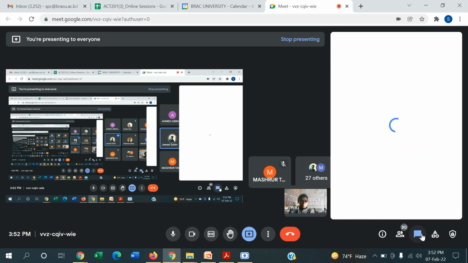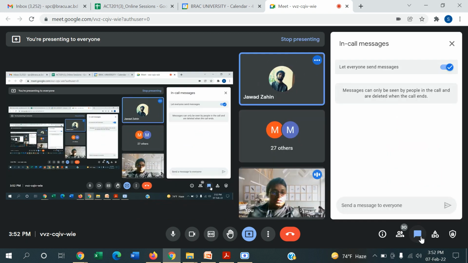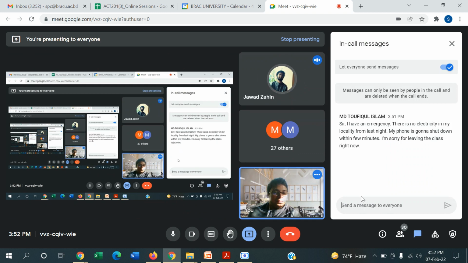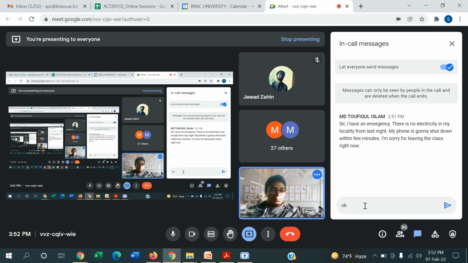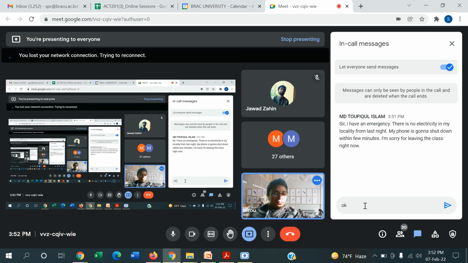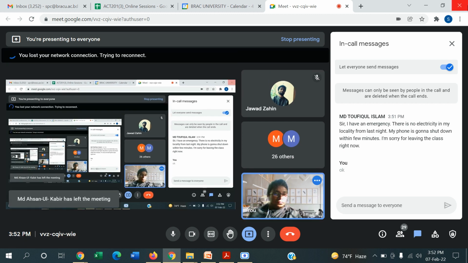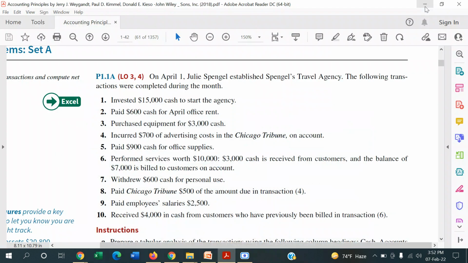So should I put the solution in the chat box? No worries. I'm going to explain it, then cross check it later. Okay? Should I go for the cross check, or does anyone need more time?